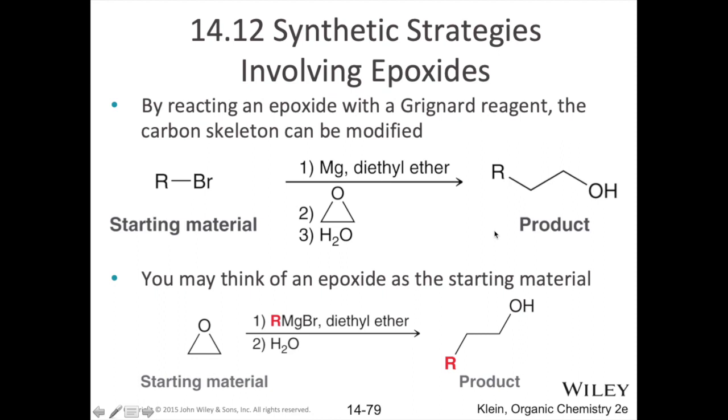So those are multiple ways to try and see your reagent and your product and wrap your head around the problem. If you're trying to add on 2 carbons, it might be helpful to think of your epoxide as the reagent. If you're thinking about starting off with your epoxide and extending the carbon skeleton, it might be useful to think of the Grignard as your reagent acting on that. But the bottom line is that we're getting an alcohol with 2 extra carbons compared to our Grignard.